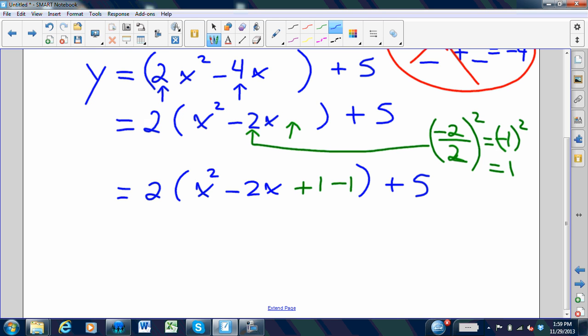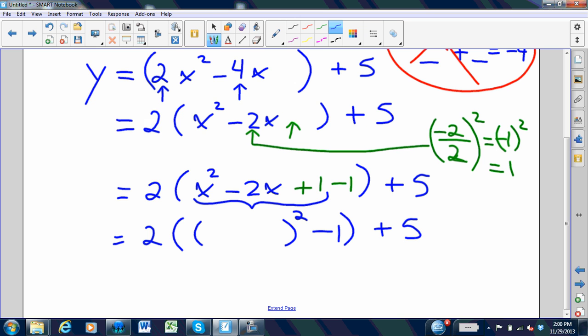A teacher would be able to explain this in a lot more detail than I want to do in the video, but the idea is that we have now formed a trinomial here that is factorable. That trinomial is actually going to become a perfect square trinomial that we can then factor. Everything else is going to stay the same.